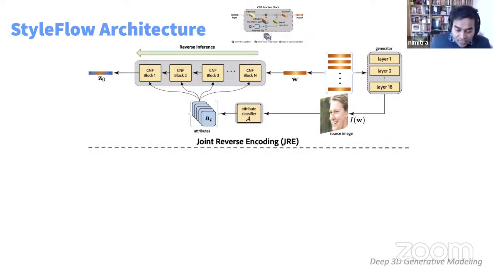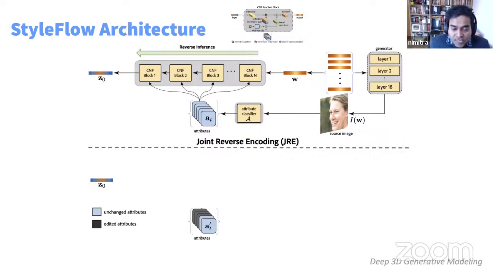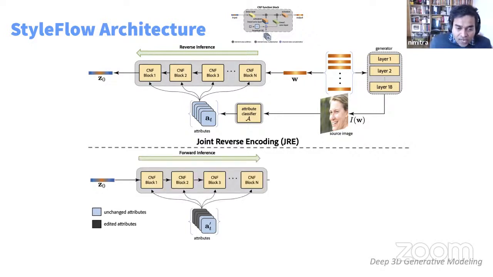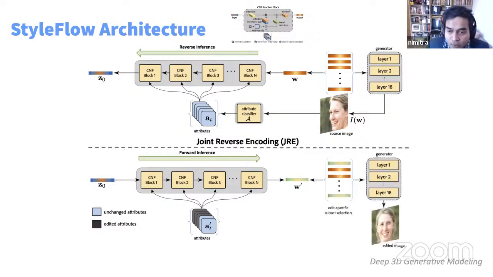But at edit time, now we can start with this original image. We can retarget the attributes. So I want to change maybe the expression or the illumination of it, and I can go the other direction. Remember, it's going to be bidirectional, get the updated weight vector, and then re-render it through the fixed StyleGAN layers to get the edited image.